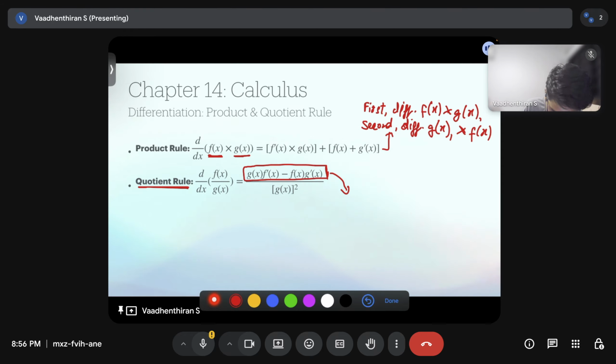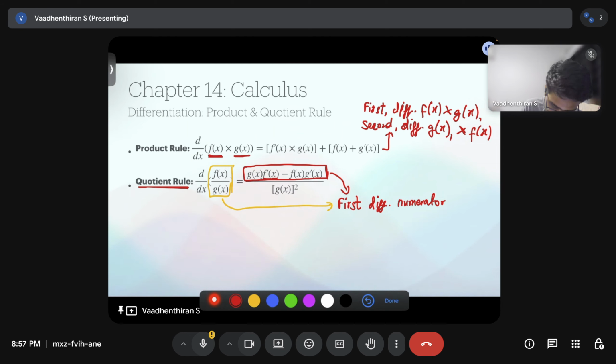How I remember it is to first differentiate the numerator. The numerator over here, this is the original function. So first differentiate the numerator, which is f dash x.